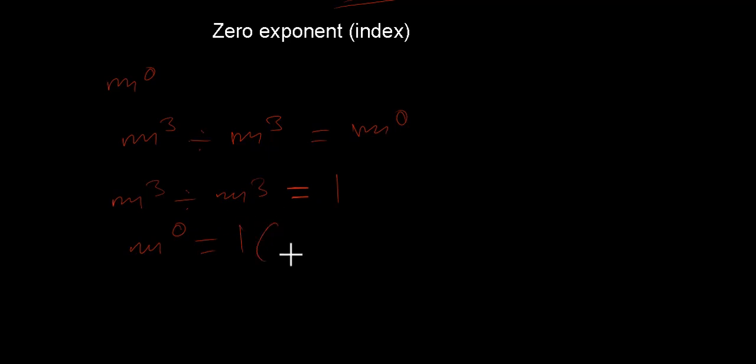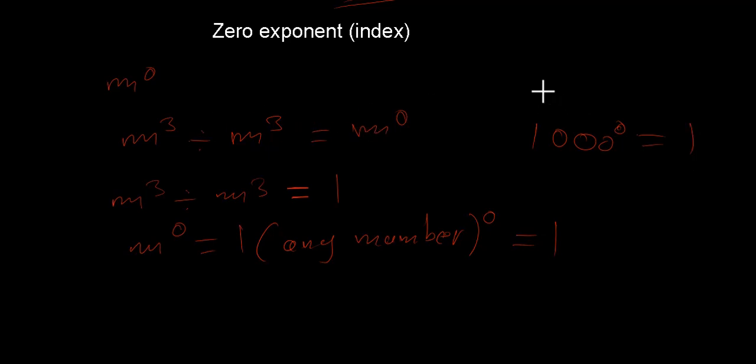So any number to the power 0 is equal to what? To 1. So even if it's 1000 to the power 0, it's always equal to 1. Even if it's 2 million, it is always going to be 1.